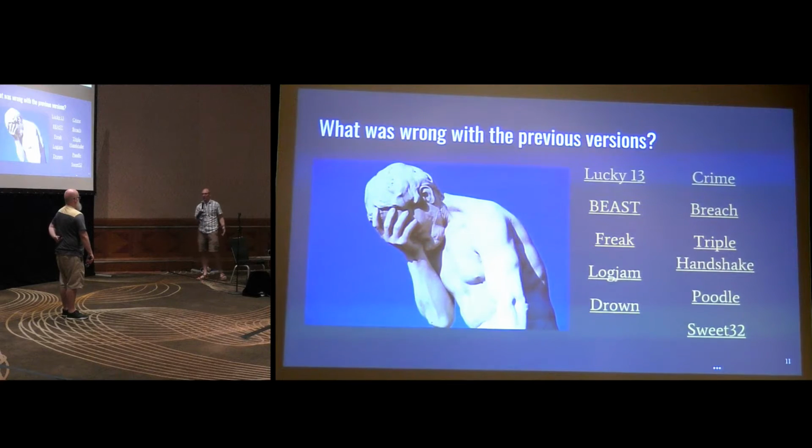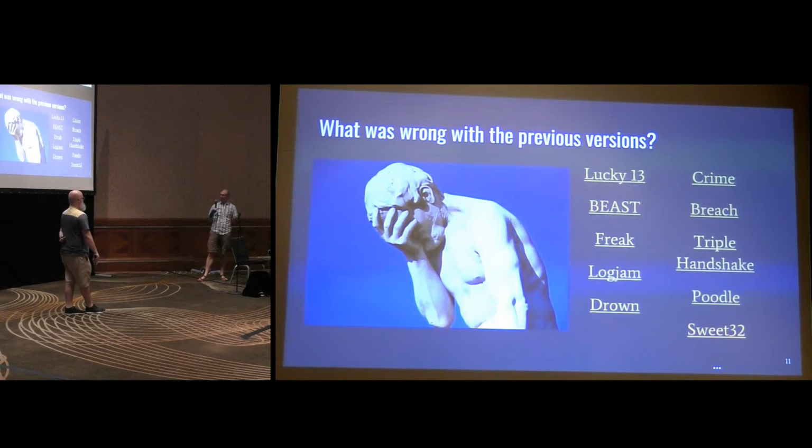Compression has showed problems like in BREACH, and then different key exchange mechanisms had slightly different problems with them. And so over time, security protocols show their age and they tend to weaken, and the flaws become exploitable potentially.